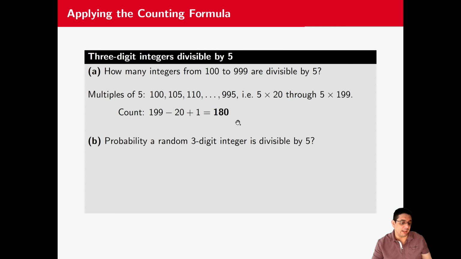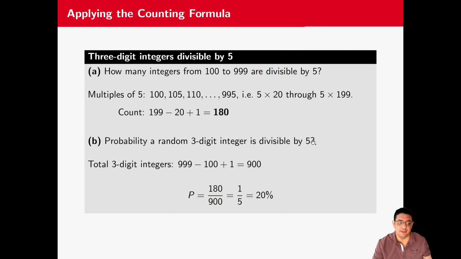Now, then we can calculate probabilities, like what is the probability a random 3-digit integer is divisible by 5? Well, first of all, here we'll be getting the difference between 999 minus 100 plus 1, which is going to give me a total of 900 total numbers. So that's total numbers from 100 to 999.